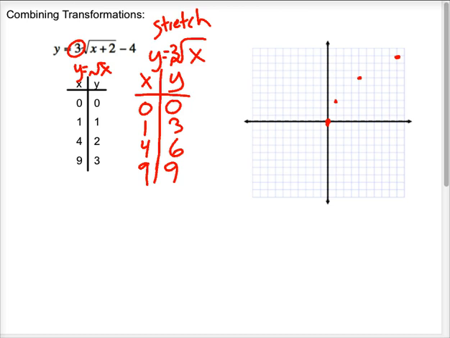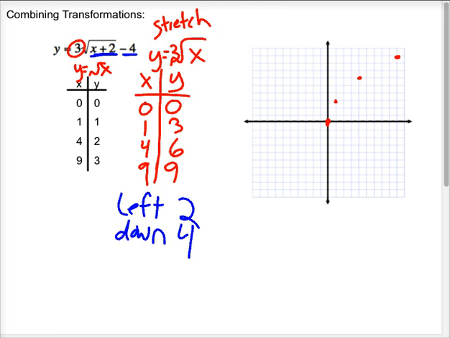Now I go back and I perform my translations. That is telling me left 2, down 4. So I'm going to take every one of those points and move it to the left 2 and down 4. So let's do it.